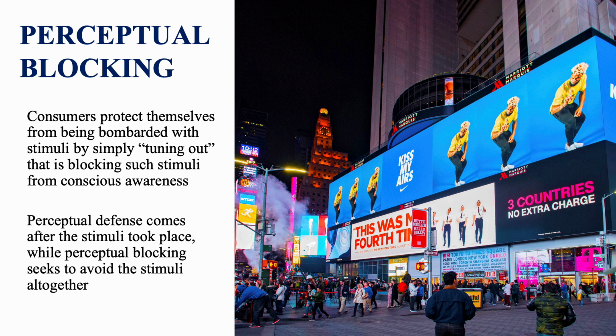You might use perceptual blocking if you're walking down a street with a lot of people who are asking for money, if you are one of the people who don't give money to people who ask for money. Anyway, that's perceptual blocking, and that's the difference between perceptual blocking and perceptual defense.